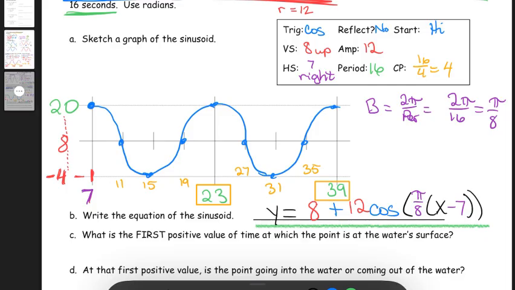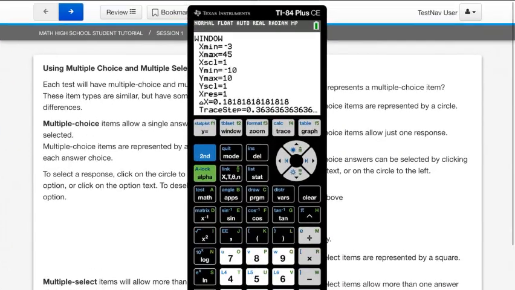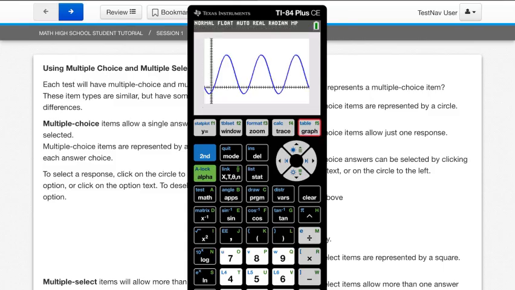I want my window to include -4 to 20 and a little bit on either side. So I'm going to go ahead and leave that y minimum at -10. I'm going to make that y max 30 and leave that scale at 1. Now when I graph this, we see a bunch of cycles of what the point looks like on the paddle wheel. It's a little more than our graph showed, but it works.